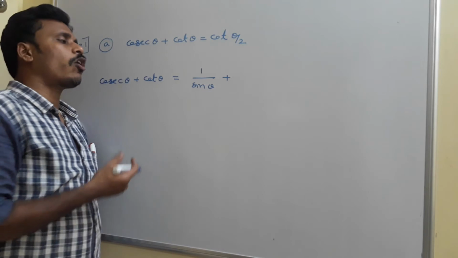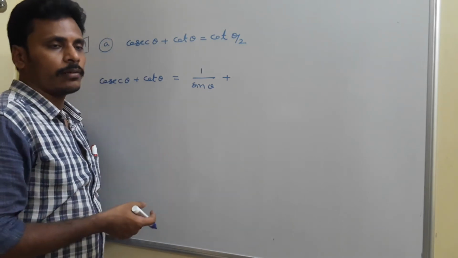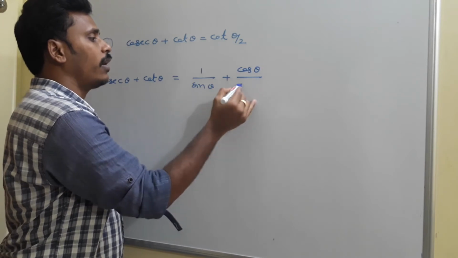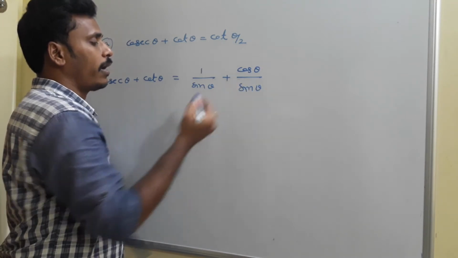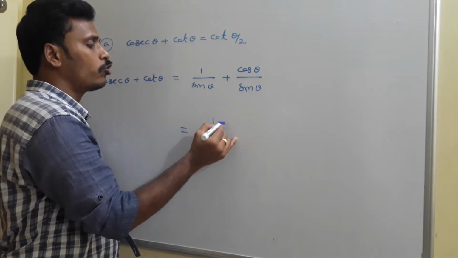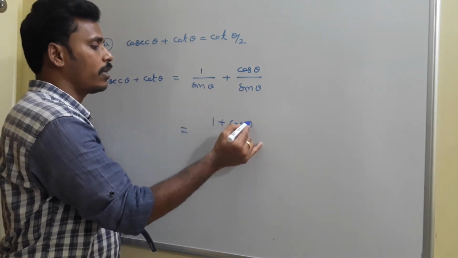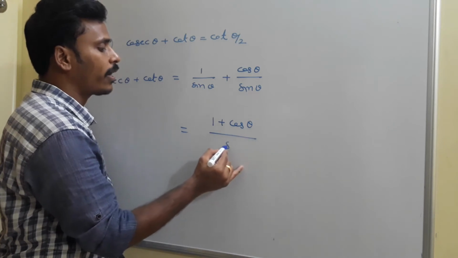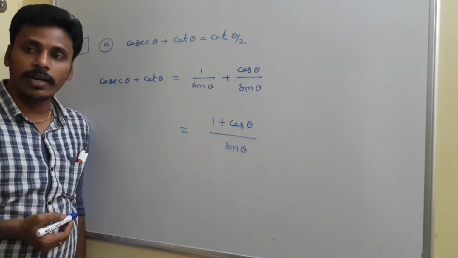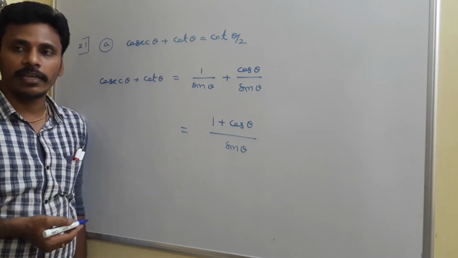If you write that cot theta as cos theta by sin theta, the denominators become the same, right? And since the denominators are the same, you just write the numerator as 1 plus cos theta and the denominator as sin theta. Is it right? 1 plus cos theta by sin theta.